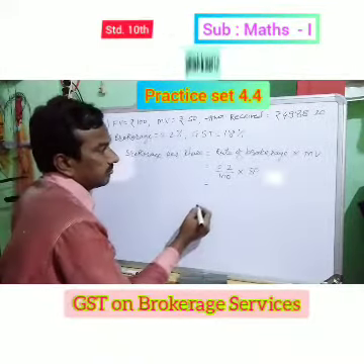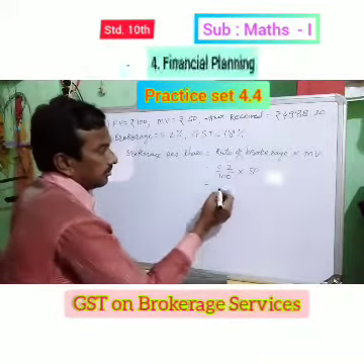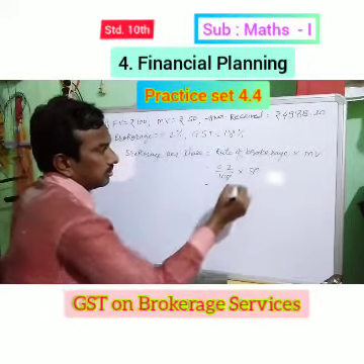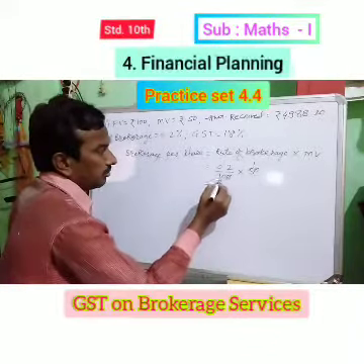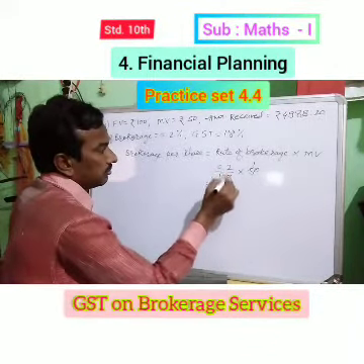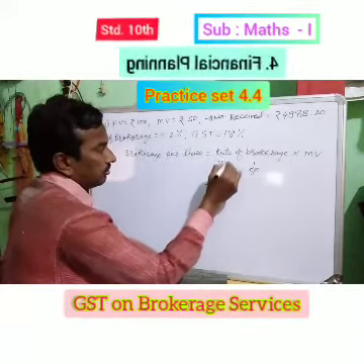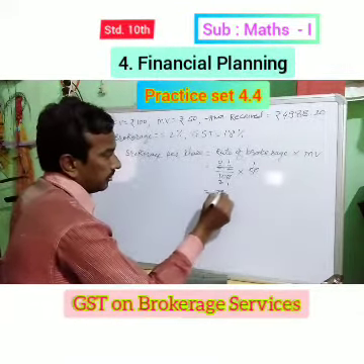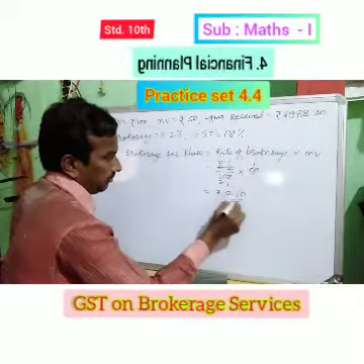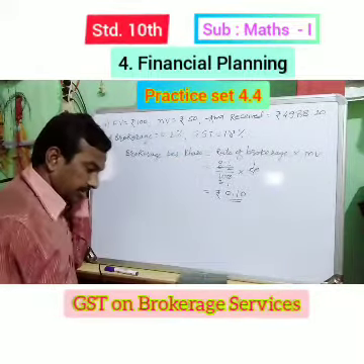Multiplying 0.2 into 50, the two zeros cancel, and it will become rupees 0.10 brokerage per share.